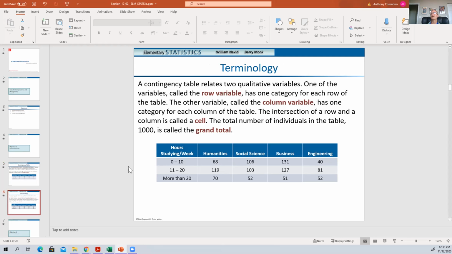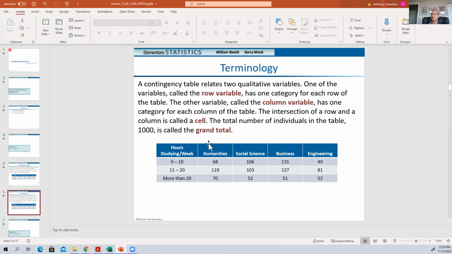some more definitions. The row variables and column variables, that's what they call them, and most books have it set up that way. The row variables, in this case, we have three of them, and those are the hours studied. The column variables, we have four, and those are the majors.